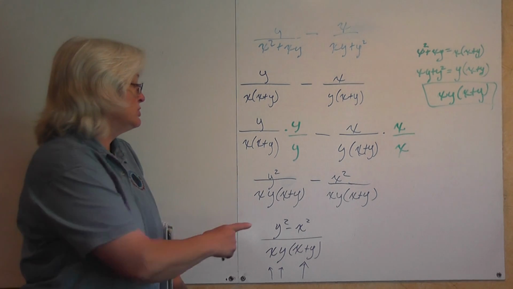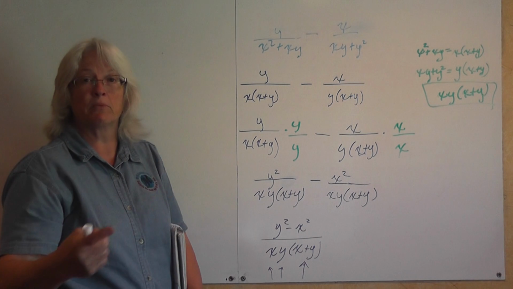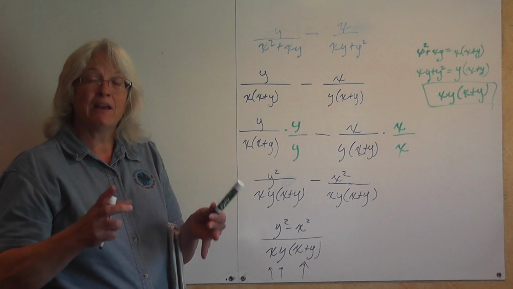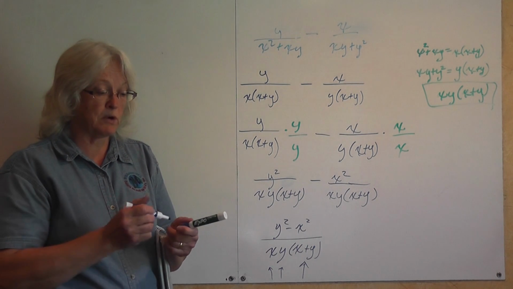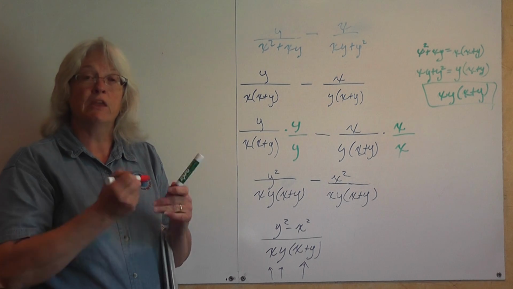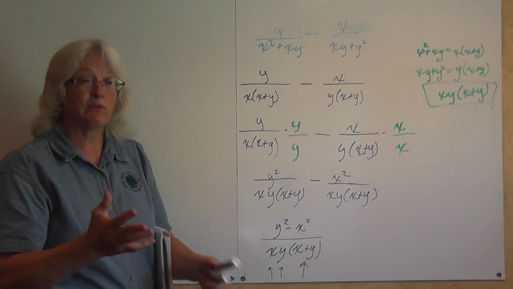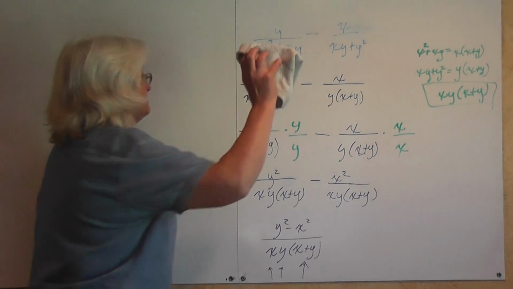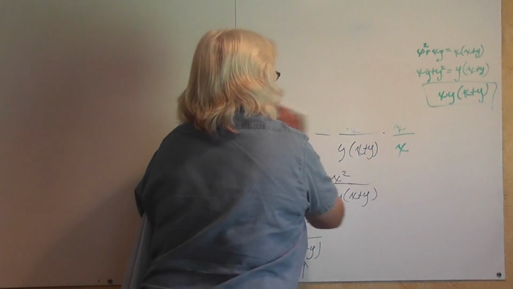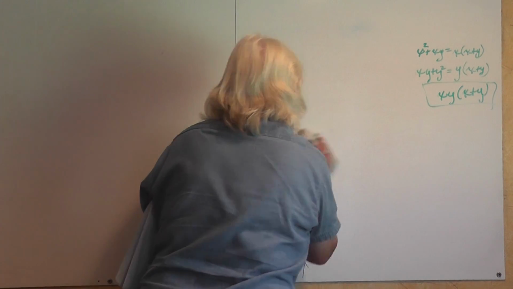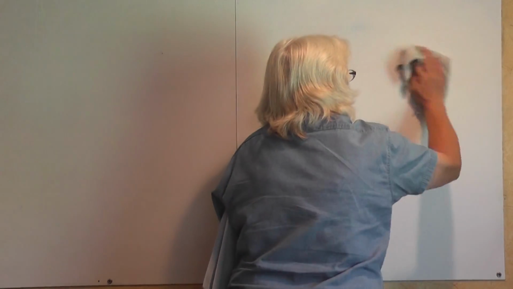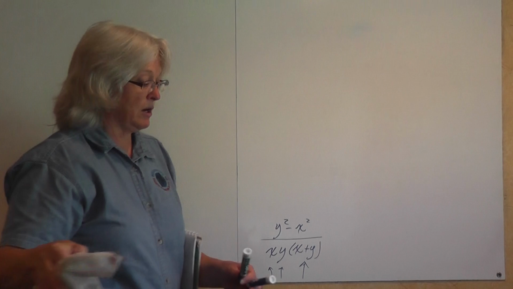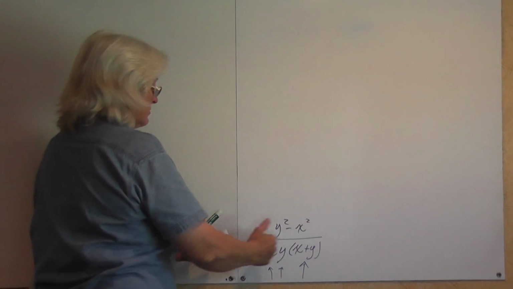And I'm hoping that as you look at this, you're seeing that y squared minus x squared is the difference of two squares. That's a special product. The only way that you can possibly factor that is by recognizing it as the difference of two squares. So again, I'm going to go back up to the top of my board here, and I'm going to factor the numerator.